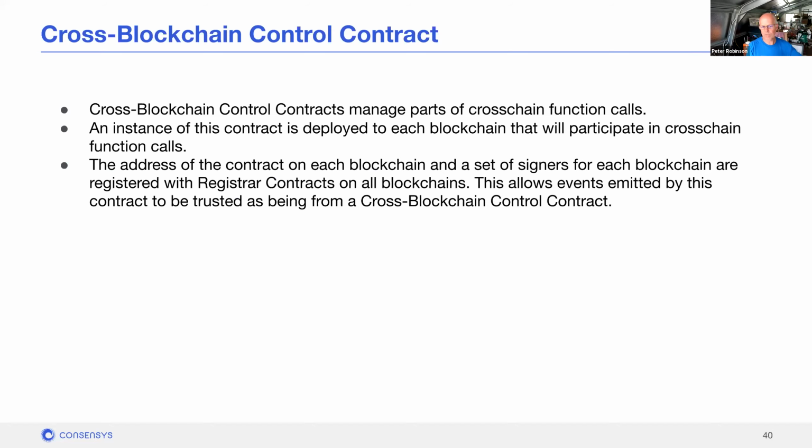And so the address of this contract needs to be registered along with the set of signers on all of the target blockchains in their registrar contracts. And so this will allow events that are emitted by the cross-blockchain control contracts to be trusted, because you need to be trusting that it's that contract on that blockchain that emitted that event, and it's a trusted contract.